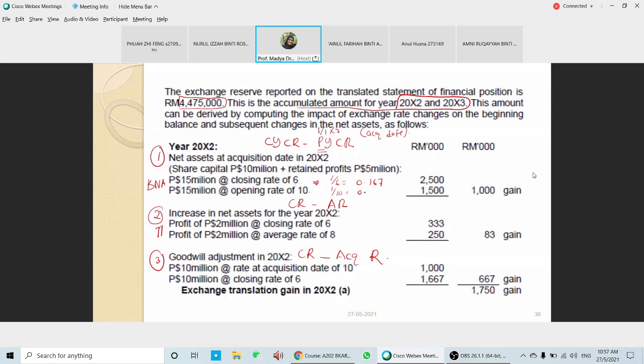To determine whether there is a gain or loss here, you just compare these. The closing rate is 0.167, the opening rate is 0.1, so there is an increase. An increase here means that we're going to have a profit. The difference that we have here is 0.067. Okay, times 15.